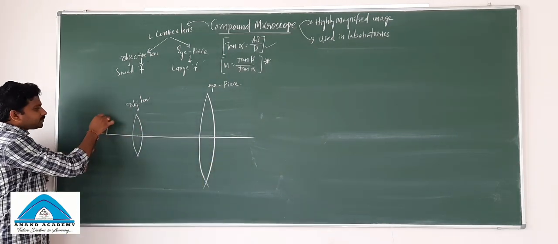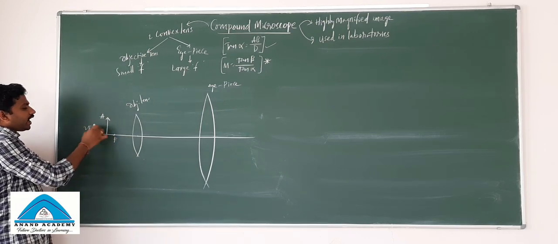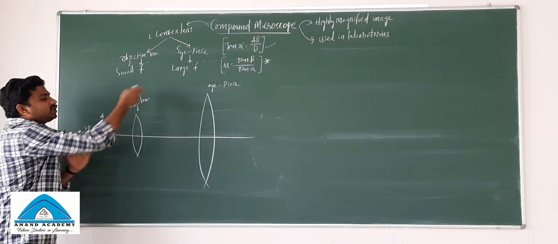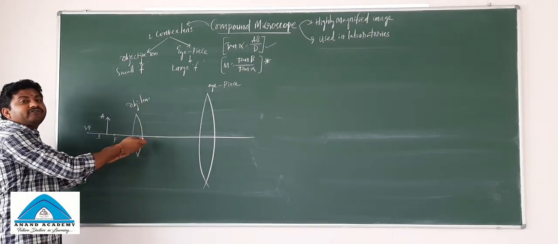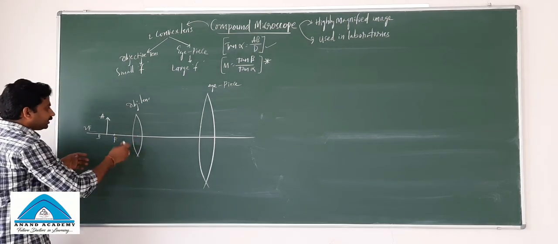So this is the object AB, which is kept between F and 2F. So where will the image be formed? The image will be formed beyond F here, right? Let's see.